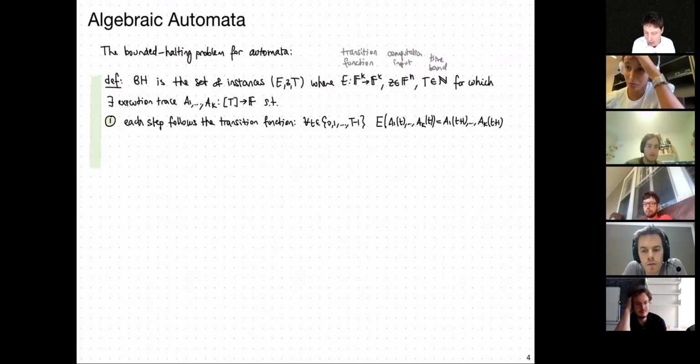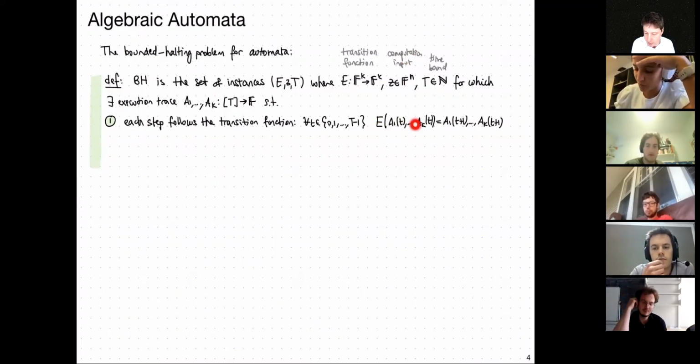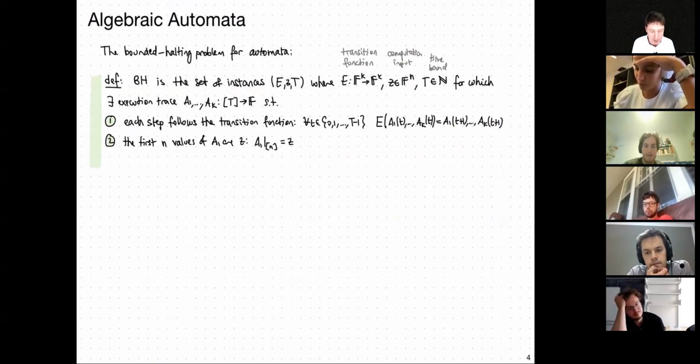Here we apply the transition function to the previous state and obtain the next state. And also the first n values of A1 are Z. This is like the public input, similar to how we had a public input in R1CS yesterday.